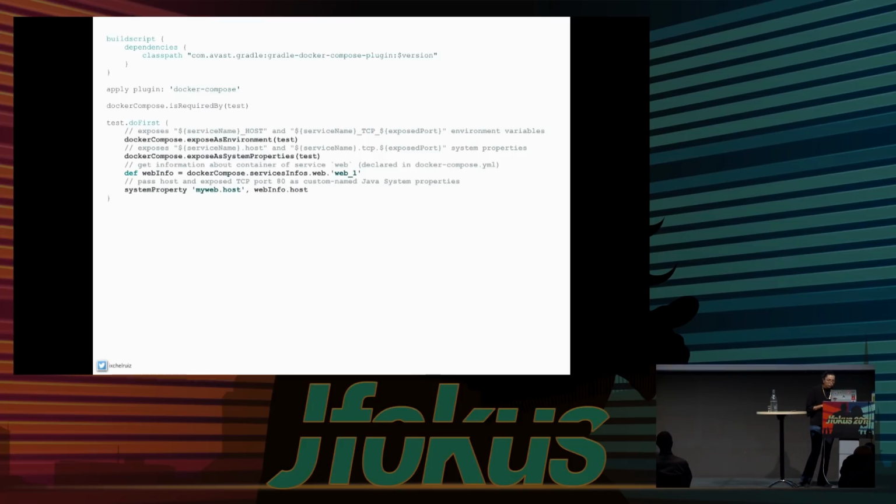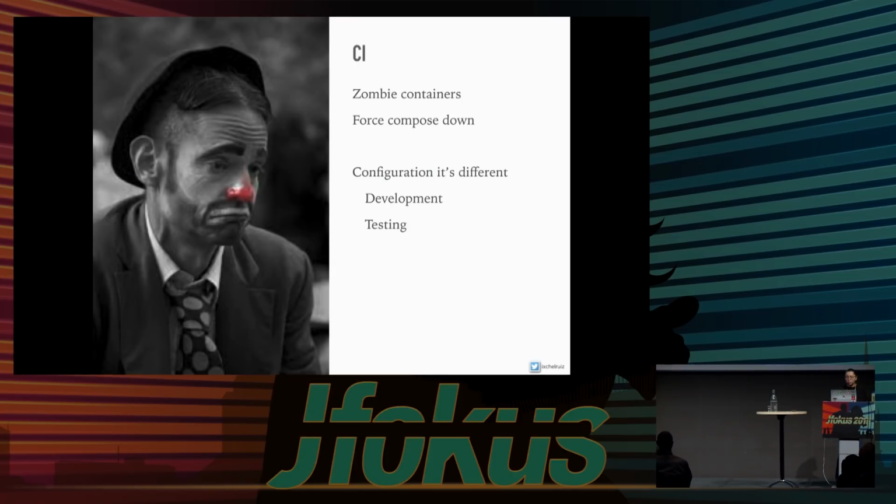Except when we were looking at the documentation of this particular plugin, we noticed that they had force compose down. And we were wondering, why do they force a compose down? Later on, we discovered sometimes we had zombie containers still there because the test failed or something happened.